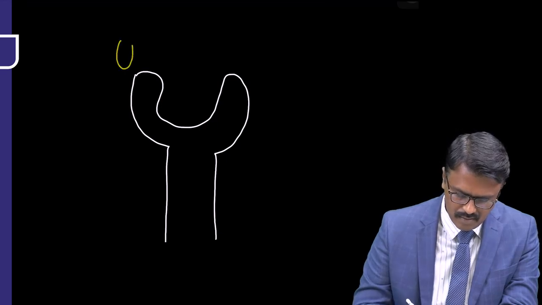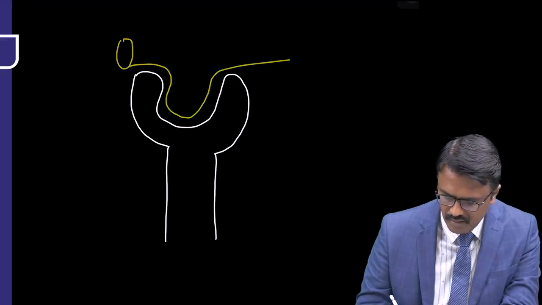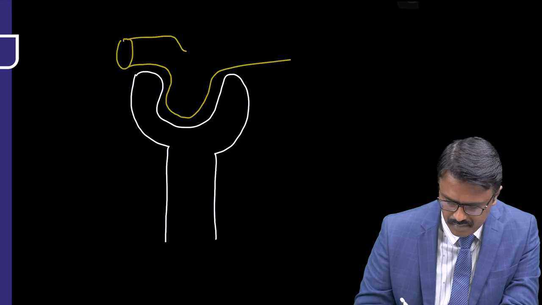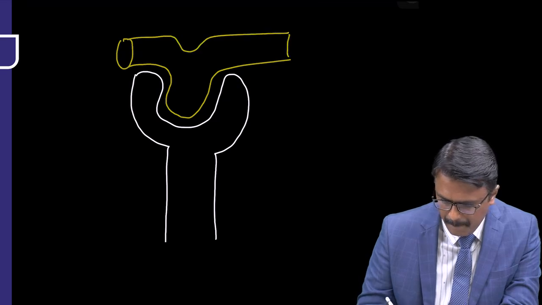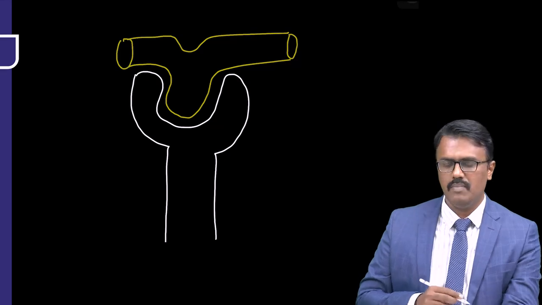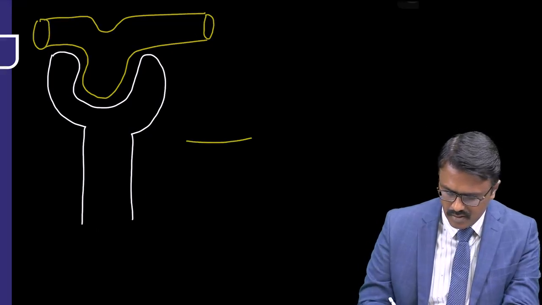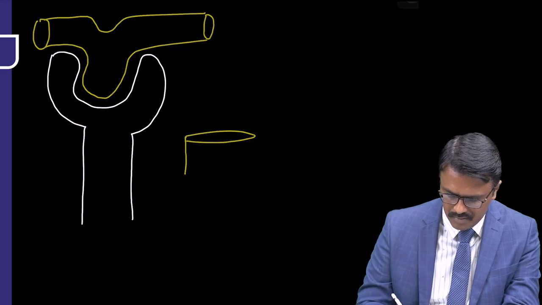Now we have a blood vessel here. The afferent, and this is the efferent arteriole. So this is the simplest. And again, this connects to another blood vessel. They are called peritubular vessels. So they are nearby this.